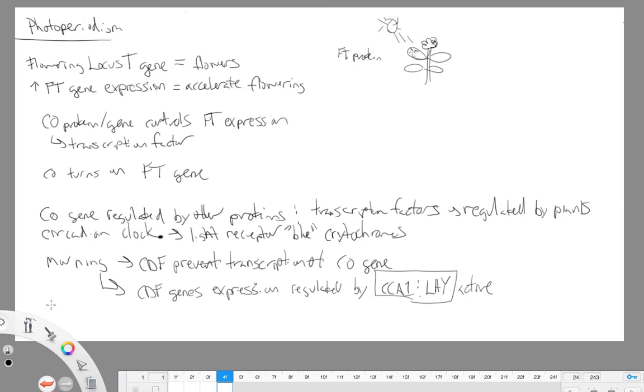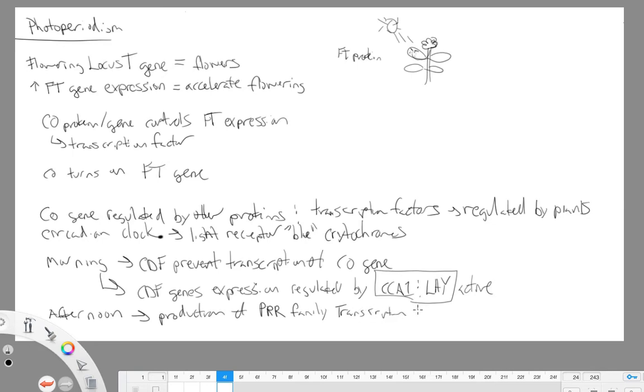Now, in the afternoon, when the plant can sense the changing daylight, we have the production of different transcription factors in the PRR family. And I'll just write it out.